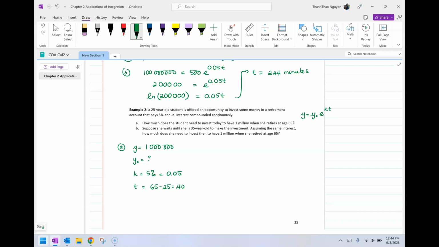So the amount of money that she initially invests will be solved by this equation.